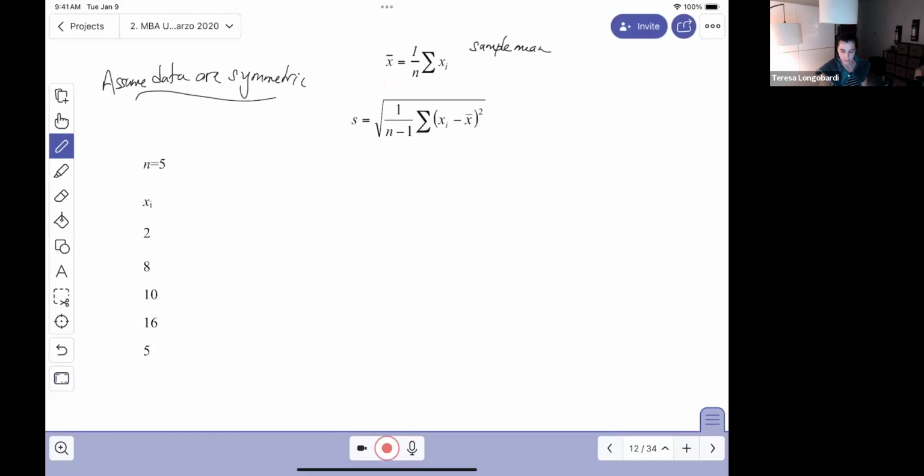The sample mean intends to estimate the population mean, which has the symbol like this. It's a Greek letter M for mu or mean.